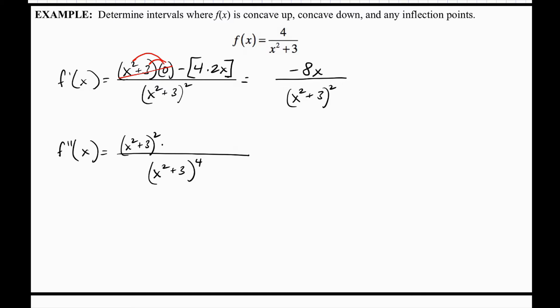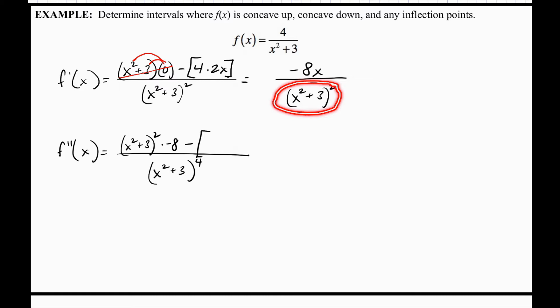The derivative of the top this time is negative 8. Now high d low: the high times the derivative of the denominator.